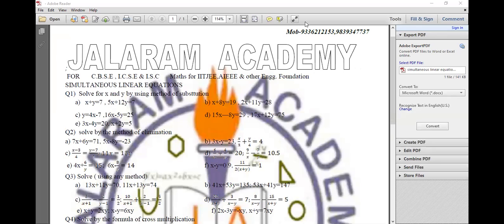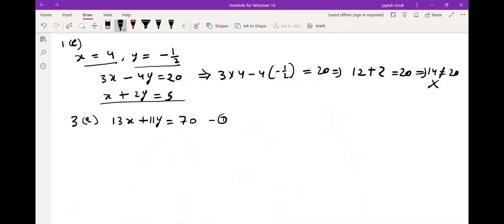Shubh. Shubh, read the question. Question number 3A has no 7x.